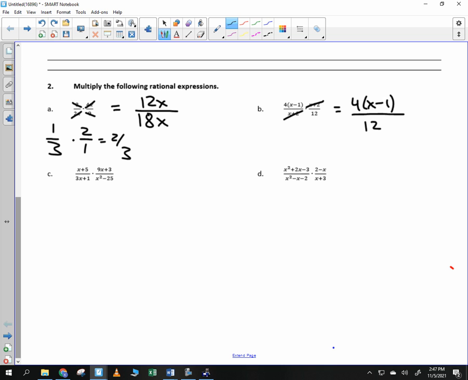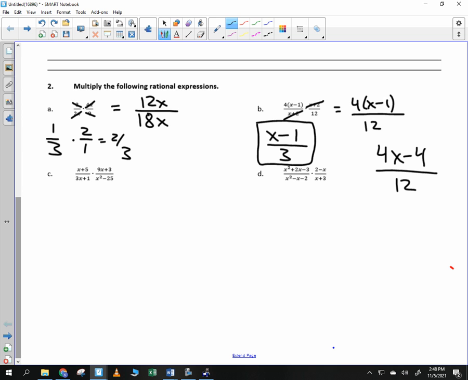Yeah, 4 over 12, same as 1 over 3. If you distributed, you get 4x minus 4 over 12, but that actually doesn't allow us to see that the 4 over 12 reduces to 1/3.